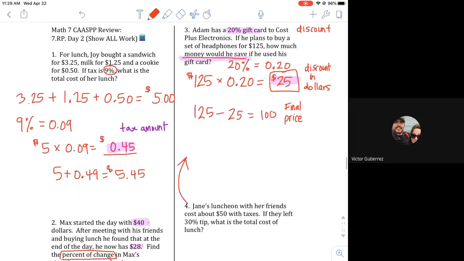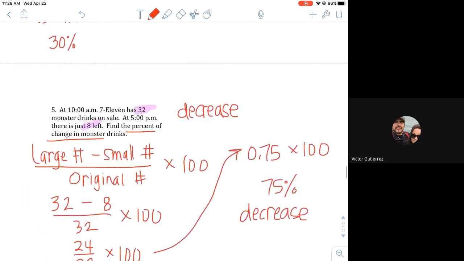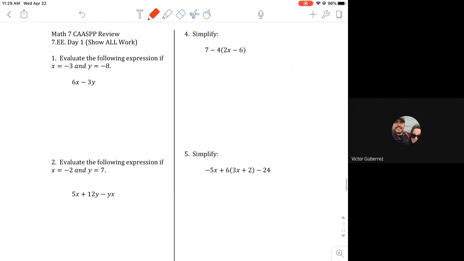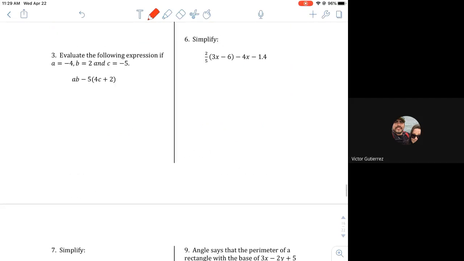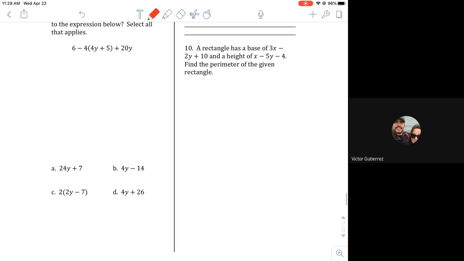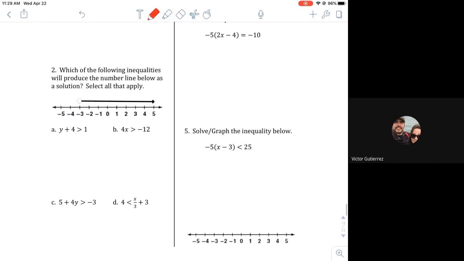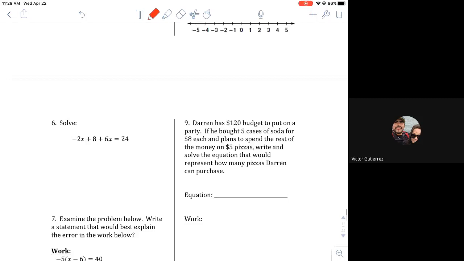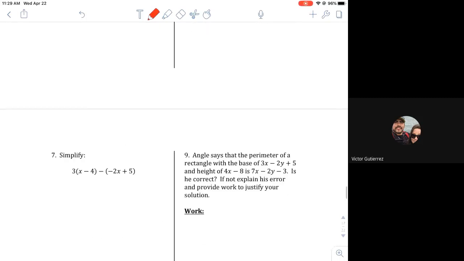I'll continue having these sessions, and as long as you're logging in, we'll probably get most of it done together. For next week, we'll probably be working on equations and expressions, and that would go for the next 4 days. So on Monday, when we have our session again, we'll be in the middle of expressions and equations, and we can go over some of the problems.